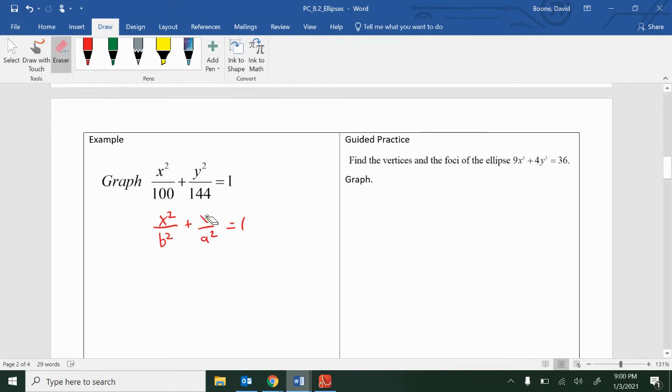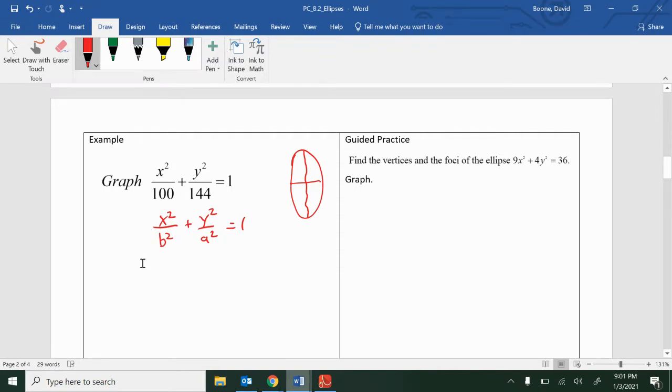I just want to draw that a little better. And so knowing this, the a is underneath the y, so that's the longer one. So I know that this is going to be an ellipse that's elongated in the y direction. The major axis is going in the y direction versus the minor axis in the x direction.